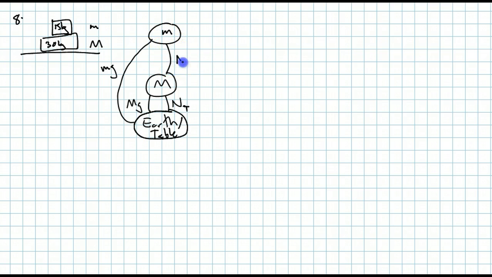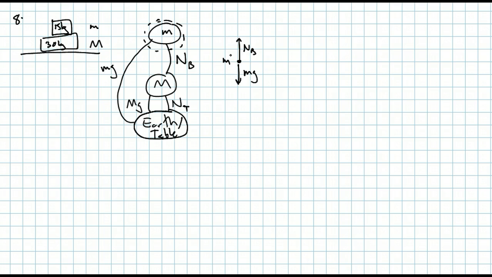These two boxes are pushing on each other. I'll call that NB for N between the boxes. So now I'm going to start with free body diagrams. I'll start at the top. So I should have a normal force up and an mg down, and they are balanced because the boxes are in CVPM.